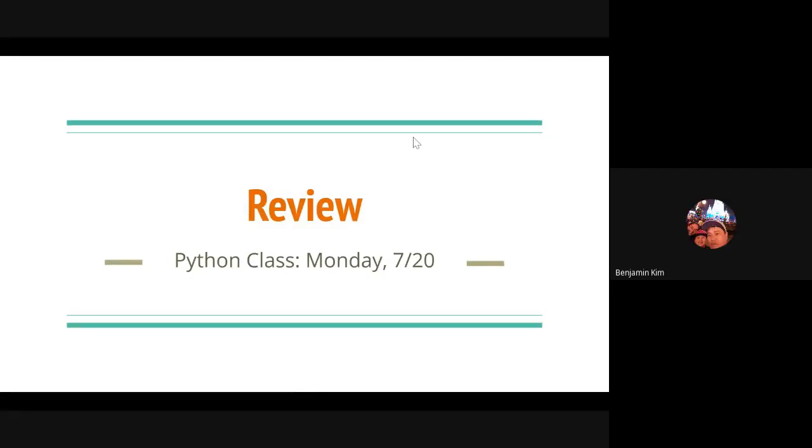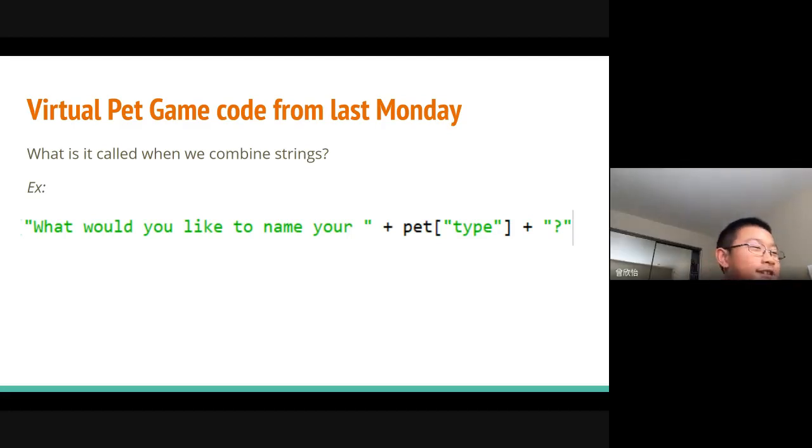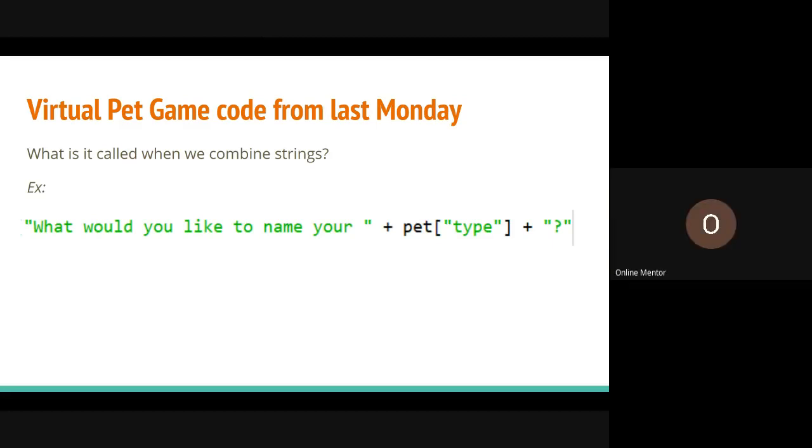Yep. Okay. So, do you guys remember what it was called when we combined the strings? It starts with a C, right? Well, you typed it in the chat already. Concatenation.